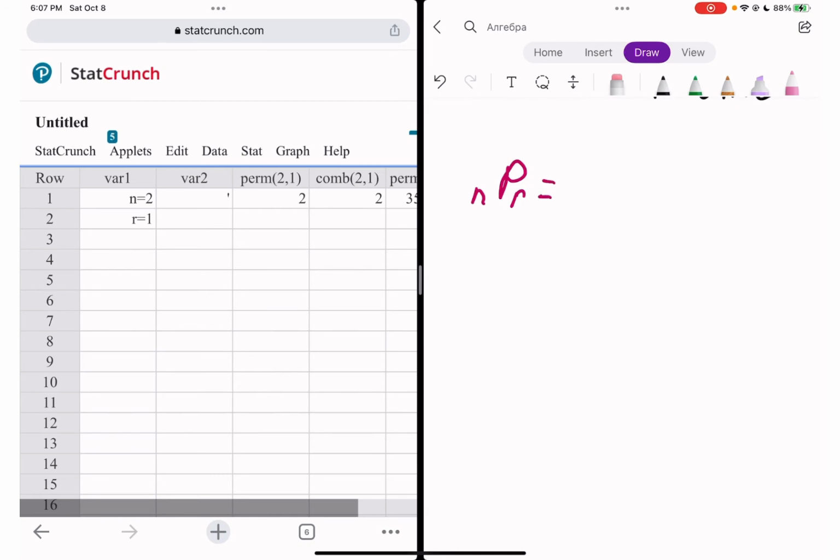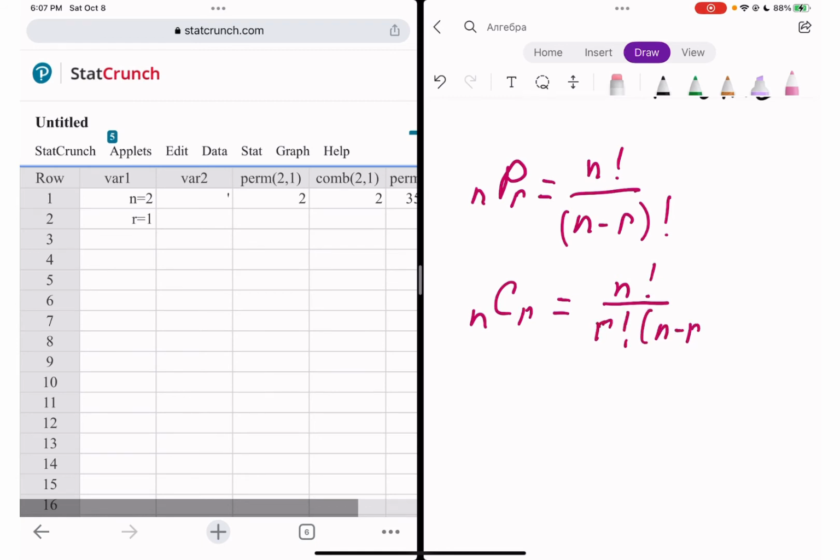It's going to be n factorial over n minus r factorial. For combination, choosing r out of n is going to be n factorial over r factorial times n minus r factorial. So because you have here also r factorial and it's a division, you get fewer choices in combination versus permutation.